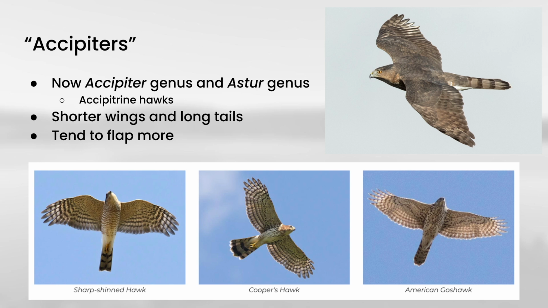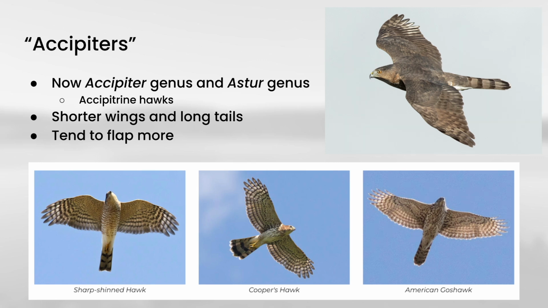So you sort of have to go up a level if you want to refer to them collectively. So you could say that they're accipitrans, except for the problem that harriers are also in that. So if you want to just refer to what we used to call accipiters, you would want to say accipitran hawks.